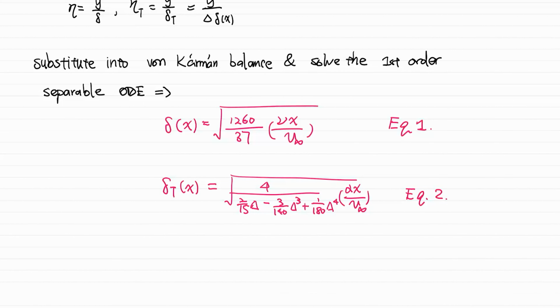Okay, so we have the velocity boundary layer and the thermal boundary layer figured out, or estimated. Now let's take a quick look at the capital Delta. So let's evaluate the capital Delta. What we're going to do is divide equation 1 by equation 2.